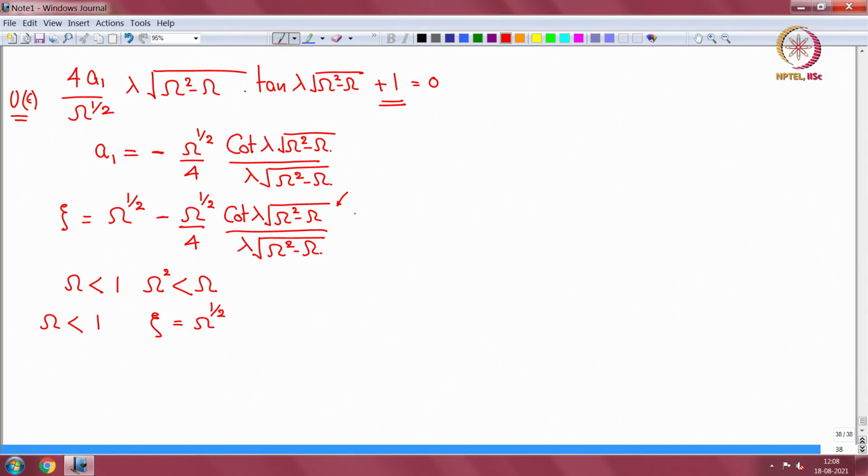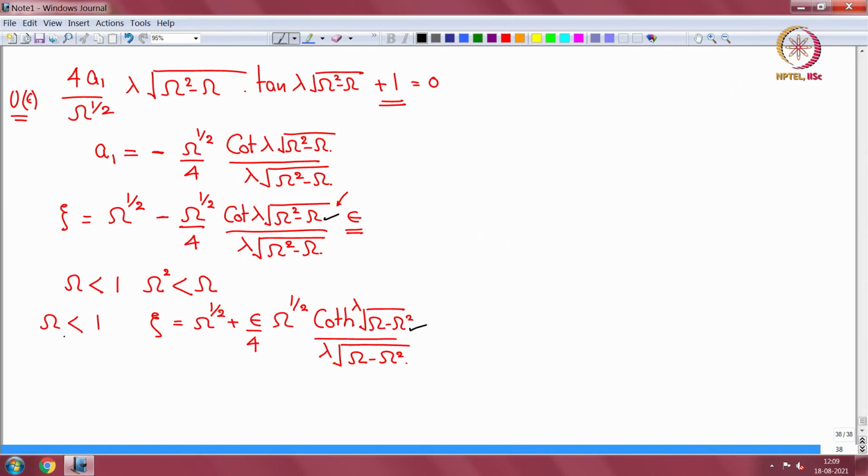I'm sorry, epsilon has to be there, big epsilon, plus epsilon by 4 omega to the power half cot hyperbolic square root of omega minus omega square by, I think it was a lambda cot hyperbolic lambda, and then lambda square root of omega minus omega square. The sign is switched, please note.